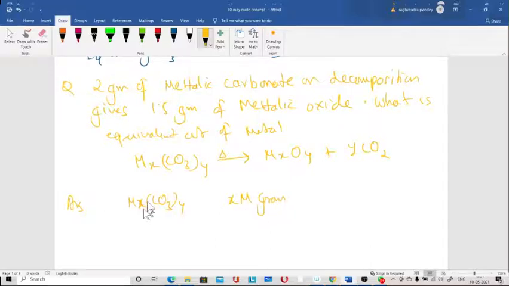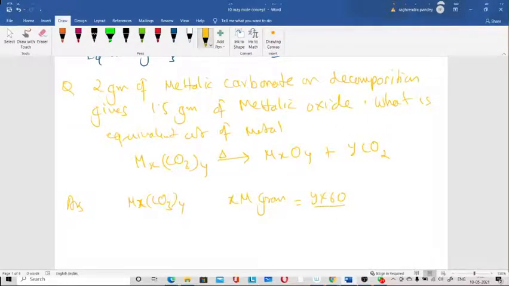There are x moles of metal which has atomic weight of m. So m into x gram of metal is joined with carbonate which has 60 gram weight, so y into 60 gram of carbonate.